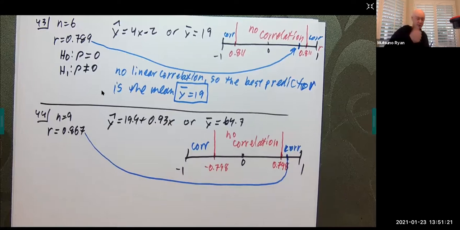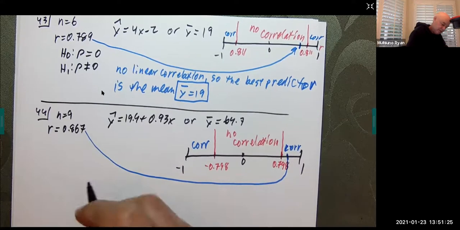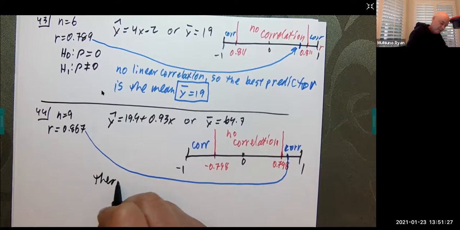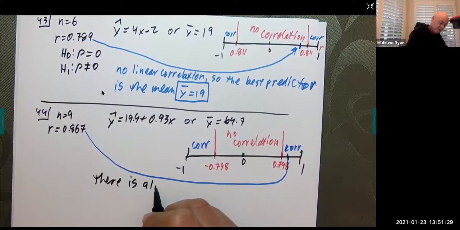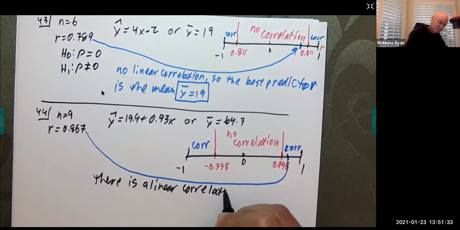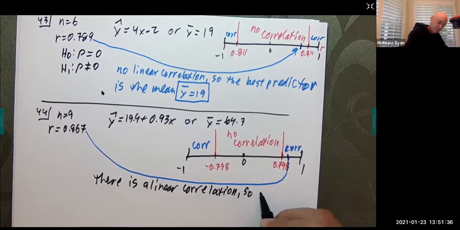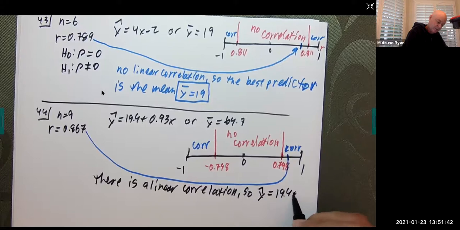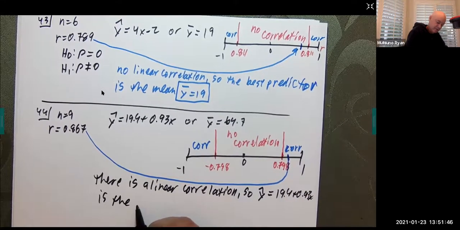So we're in the correlation zone, which means there is a linear correlation. So y hat equals 19.4 plus 0.93x is the best predictor.